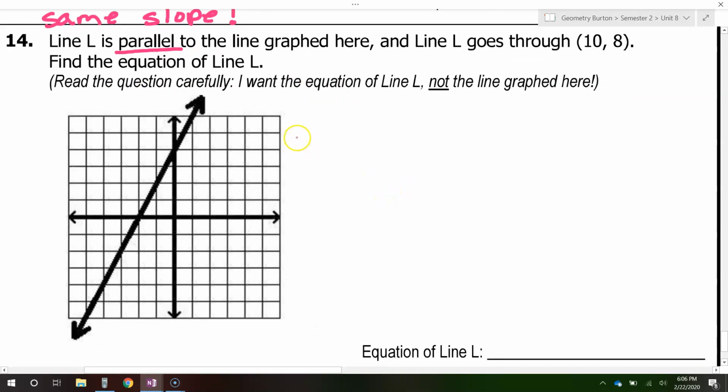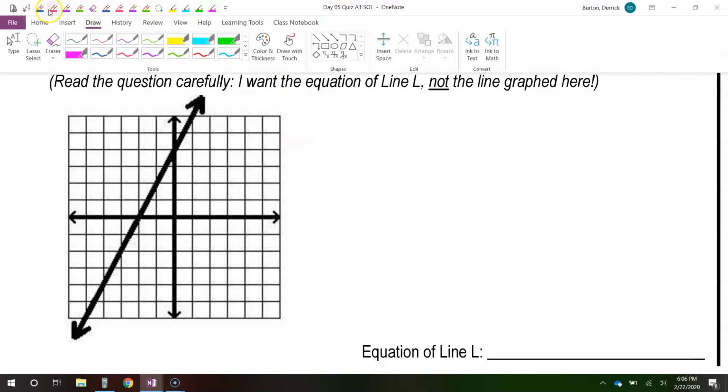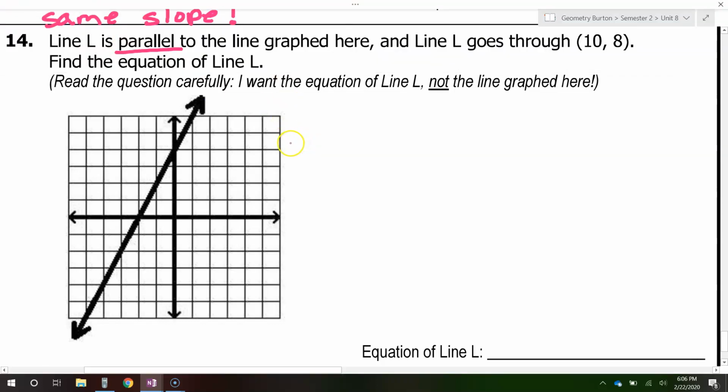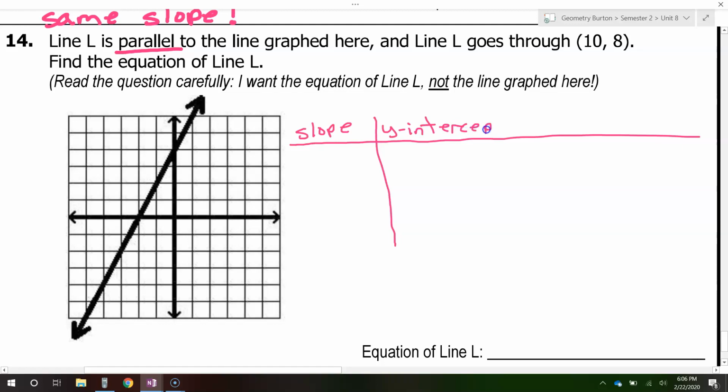All right, I might have to use a smaller ink so I can fit my chart in here. So I don't have the full space that I normally would have. So I'm going to write a little smaller. But that's what I'm going to do. So I'm going to do slope, y-intercept, equation.